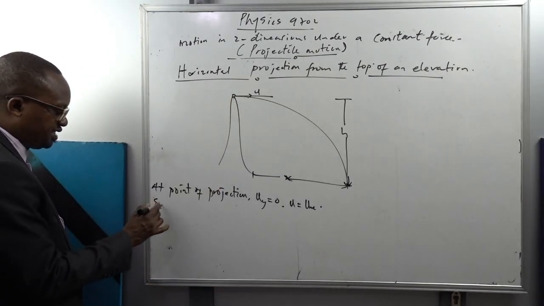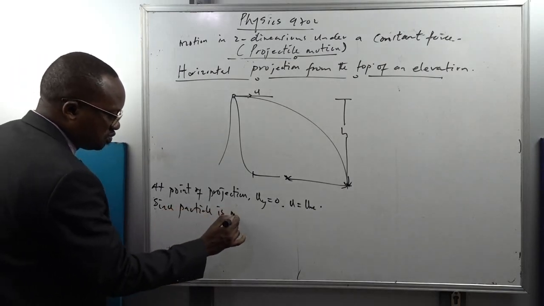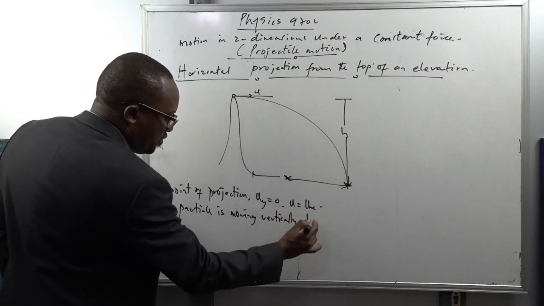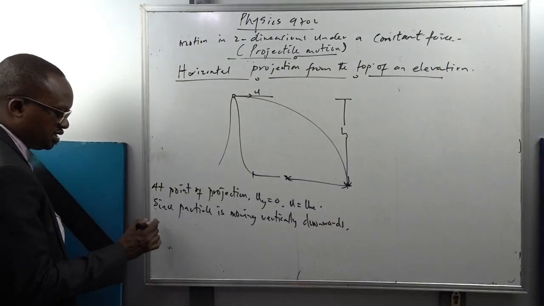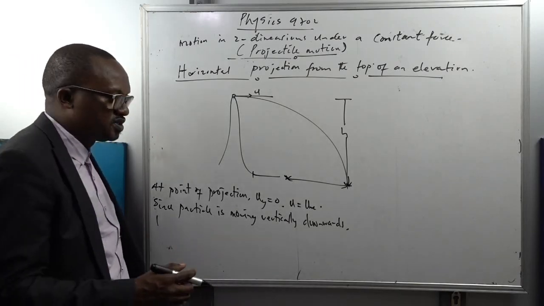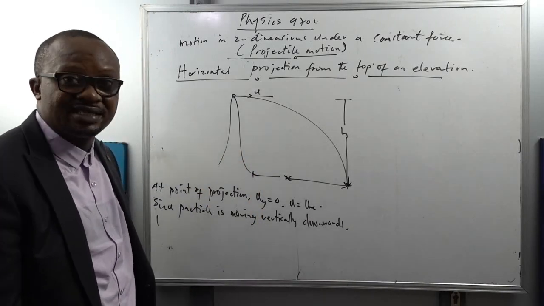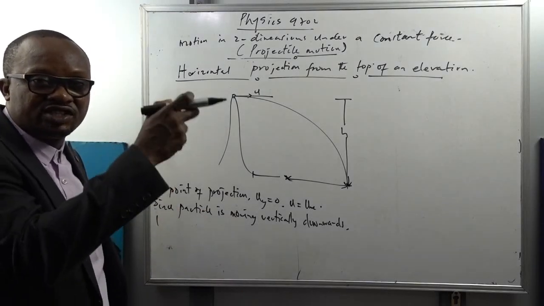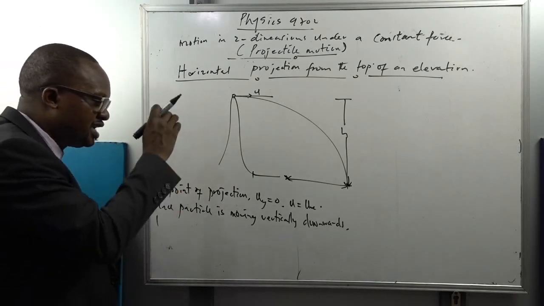Now, we know that the particle is moving vertically downwards, so we know the direction of the acceleration. Since the particle is moving vertically downward, we can just emphasize the magnitude of the component of the motion along the vertical, because we already know the direction of the motion.